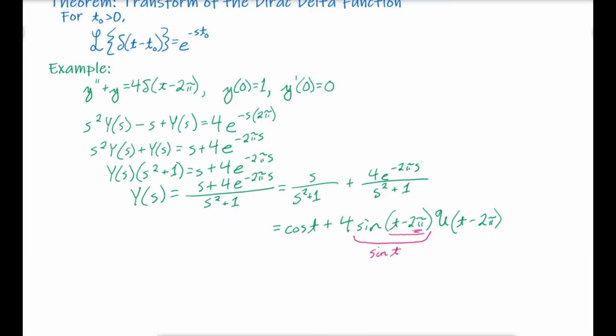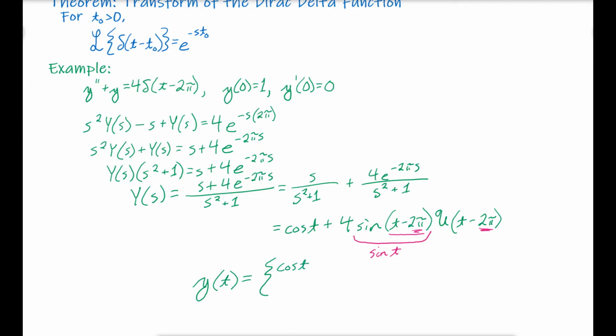And remember, the unit step function is basically turning this off and on. So sometimes it's going to show up and other times it's not. Namely, it's not going to show up until we get above 2 pi. So I can rewrite all of this as a piecewise function. It's a little bit nicer to look at, knowing that y of t is going to equal cosine of t regardless.